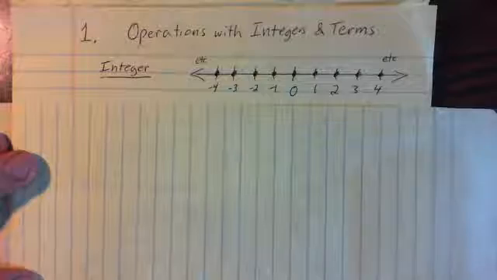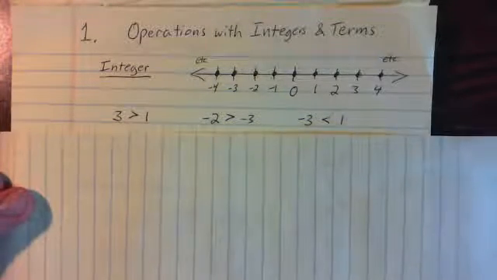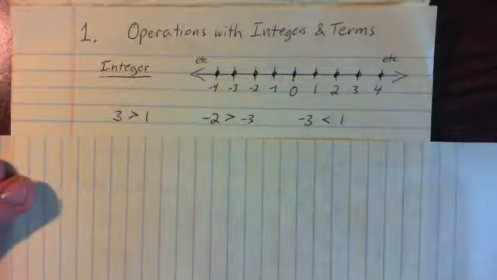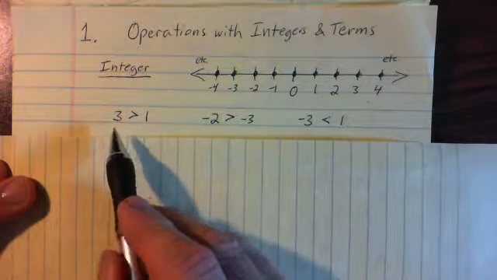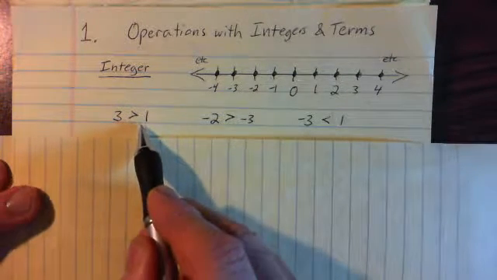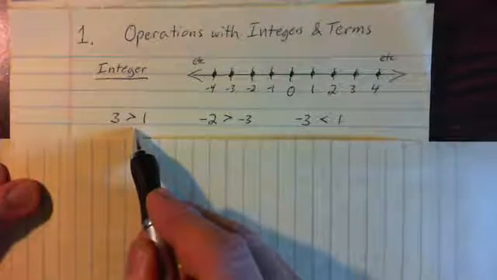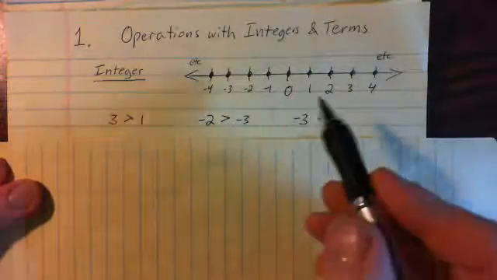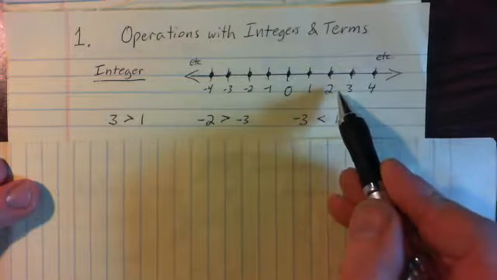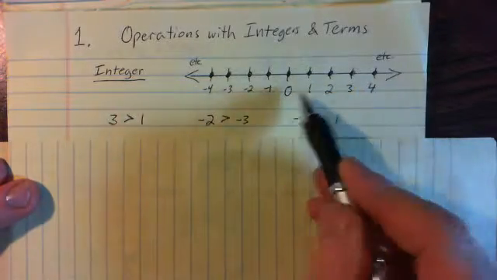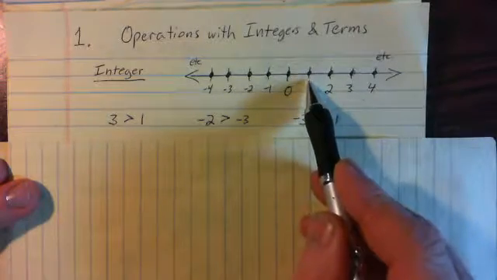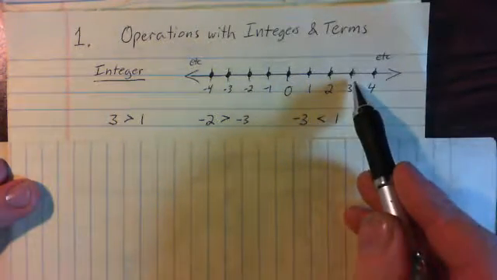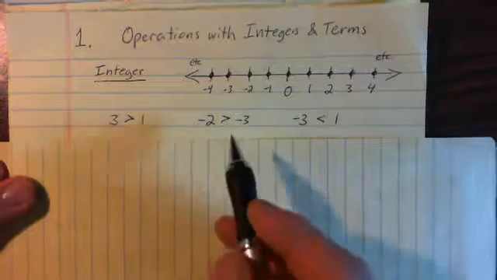All right? So when we talk about operations with integers, you might first of all think about greater than or less than. You know that 3 is greater than 1. Why do we call it 3 greater than 1? Because greater than means to the right of on the number line. So 3 is to the right of 1 on the number line, so we say that 3 is greater than 1.